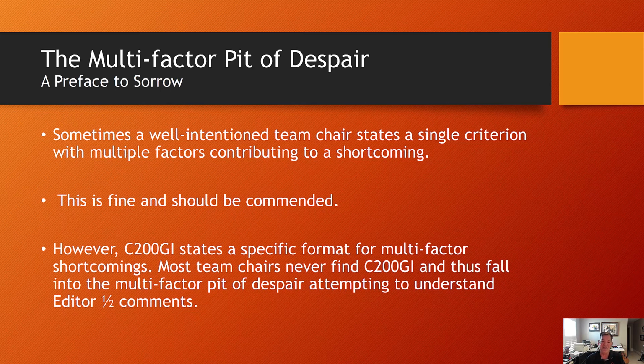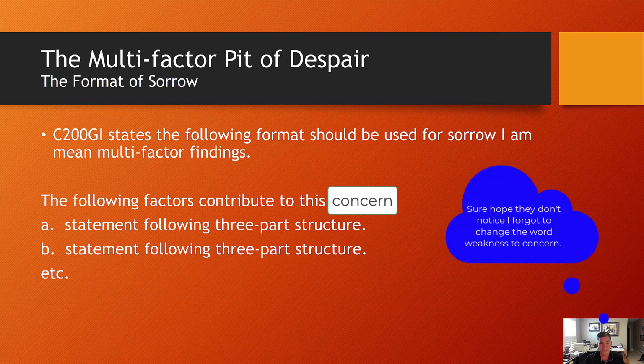You want to go back to C200 GI or go look at the videos on weakness and deficiency, and you'll see how to write that. It does get a little bit confusing. It is covered in the documentation. Just got to pay attention to the details.